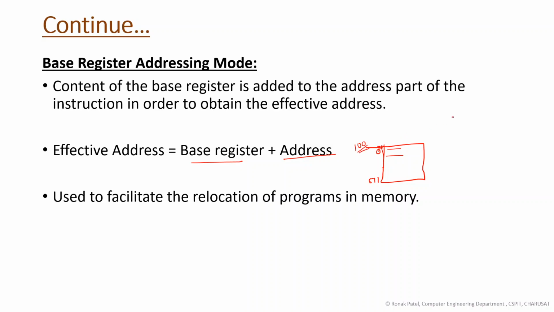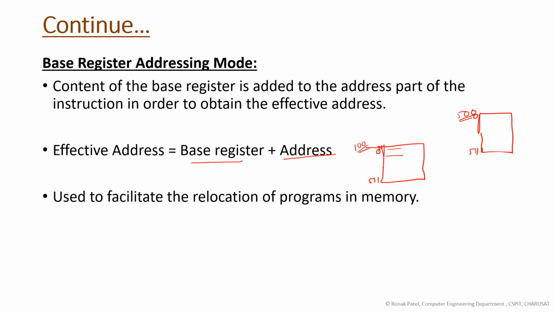Suppose the new location is 500, from 500, 0 to 511. I have relocated to this memory address. So what I need to do is just change the base address. Once I change the base address, I can similarly access the program. So relocation is easy with the base register, or it facilitates the relocation of a program.